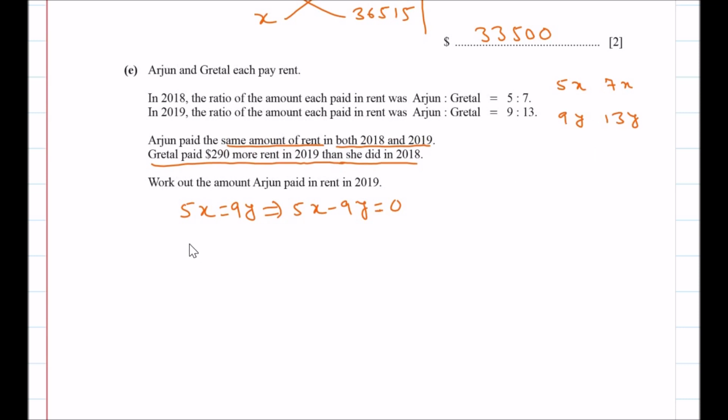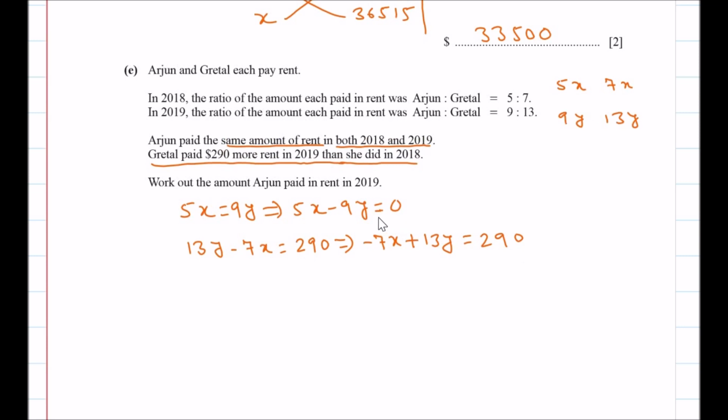That means 13y minus 7x is equal to 290. Now this can be written as another equation. I am rearranging them, so writing minus 7x plus 13y is equal to 290. Now we have two equations: 5x minus 9y equals 0 and minus 7x plus 13y equals 290.